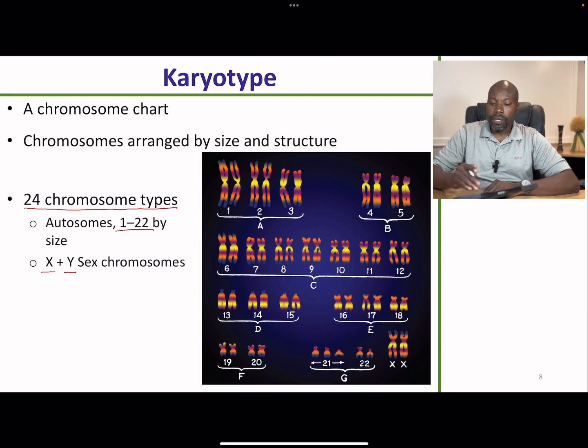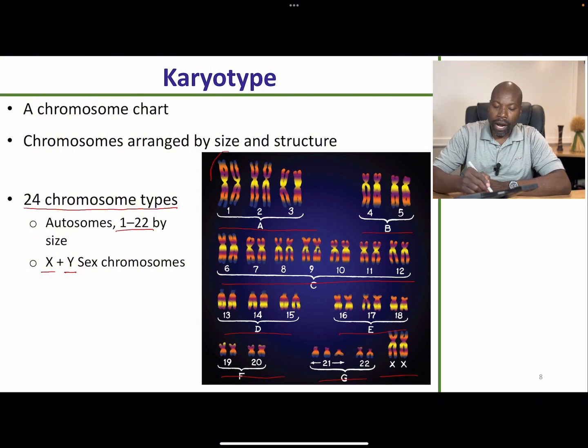All right, so the picture here shows you the arrangement of chromosomes based on their size and their shape. Now, they are organized by homologous chromosomes. So pair number 1 is one chromosome you receive from mom and one that you receive from dad. Pair number 2, so one you receive from mom, one that you receive from dad, right?